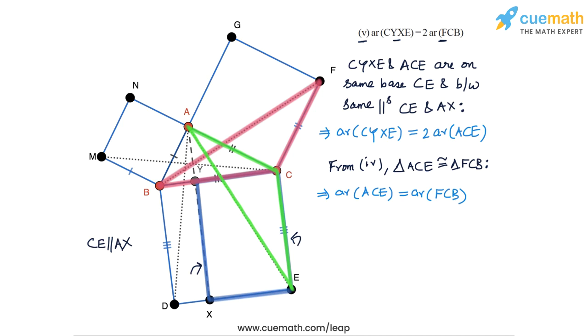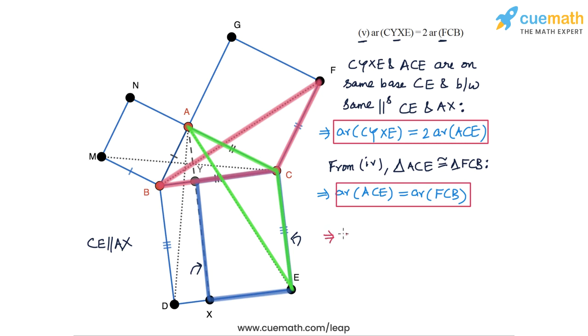Now we have the area of CYXE is twice the area of ACE, but the area of ACE itself is equal to the area of FCB. So from these two equations, we can conclude that the area of CYXE, this rectangle, is twice the area of FCB. FCB is this triangle. As you can see, this proof is very similar to what we did in part 2, and this is how we can do part 5.